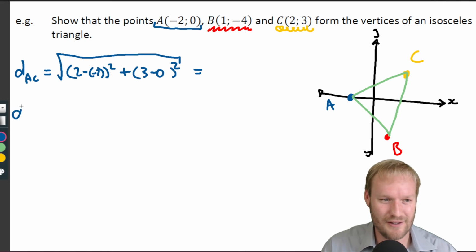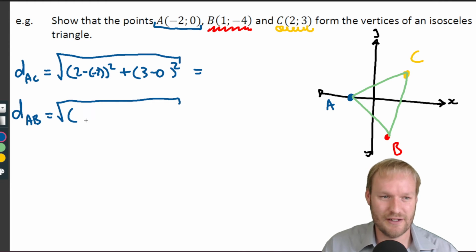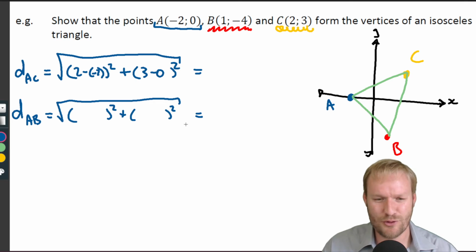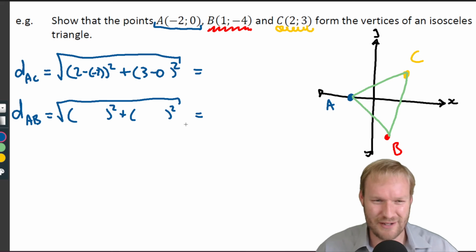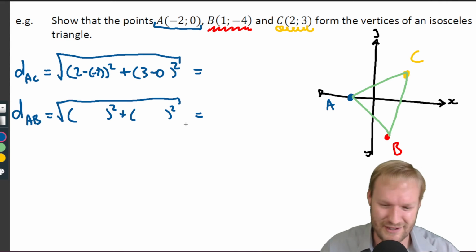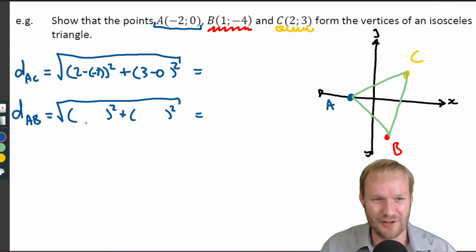I'll do it just now. I'm going to do AB next, and see what that's going to give us. Squared plus squared. As I said, pause as you need to. Pause, actually plug it in, check how you're doing, and then see how the video goes. I'm not going to leave a lot of time. And let's have a look there.